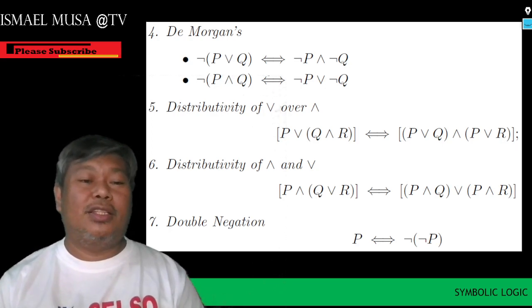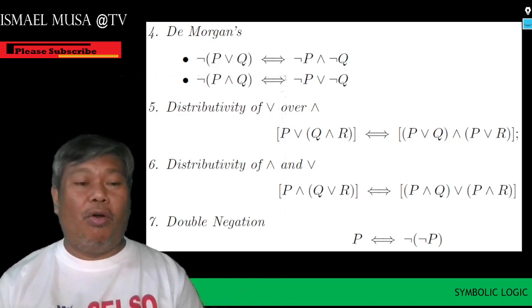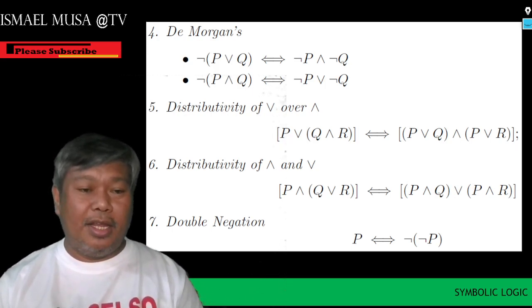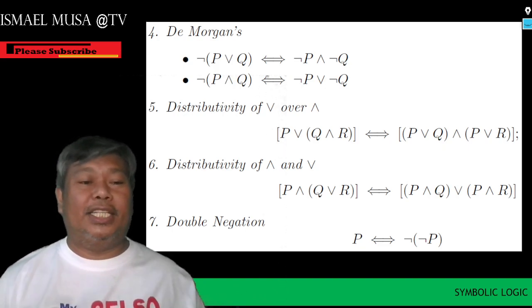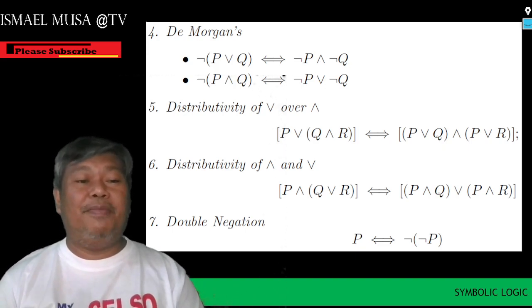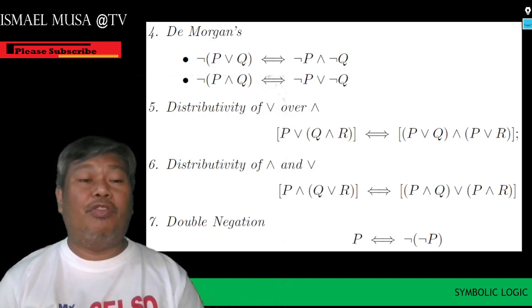Then we have also the distribution of or over and. Okay. See how they are distributed. P or Q and R, so we distribute P to both Q, then we have P, then R. And they are or but combined with an and. We call that the distributivity of or over and.